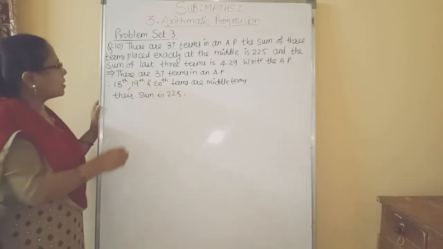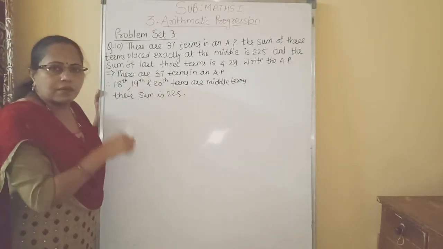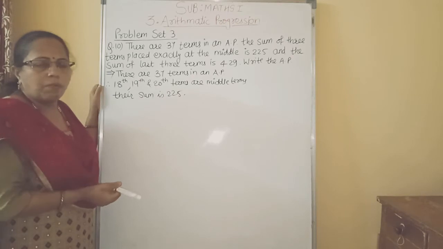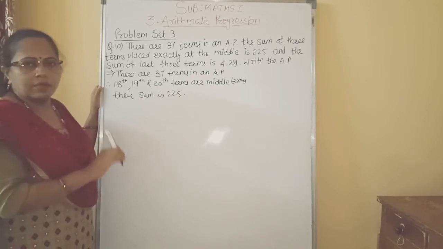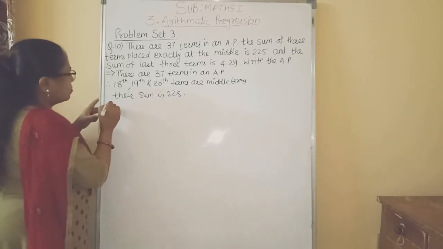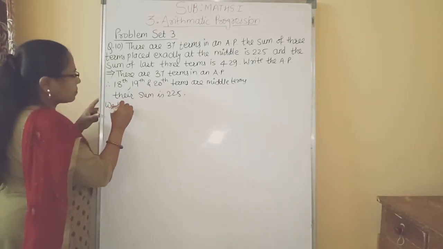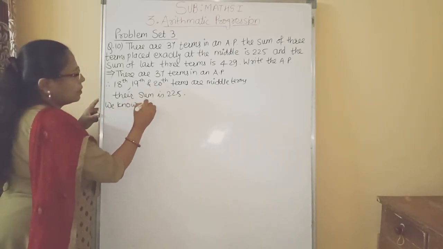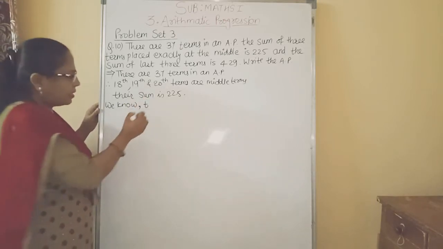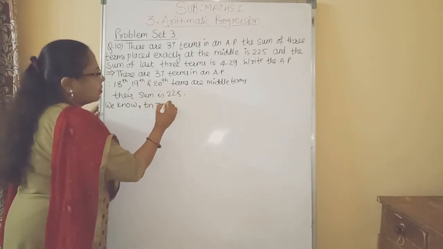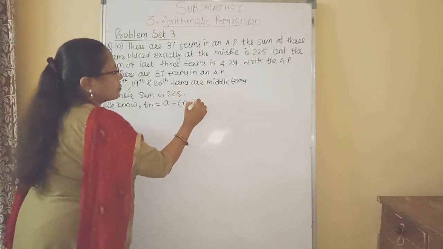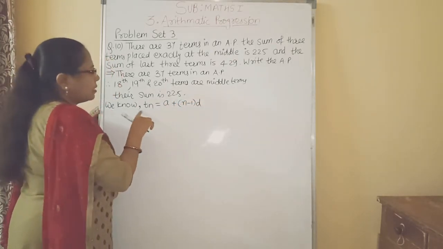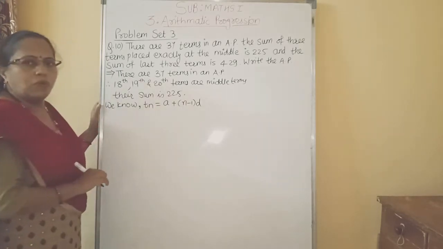Okay. Now student, the question is related to the terms in AP. So obviously we have to use which formula? Correct. Nth term of AP. So we know that formula. Nth term is denoted as Tn equal to A plus (n minus 1) into D. This formula we have to use.